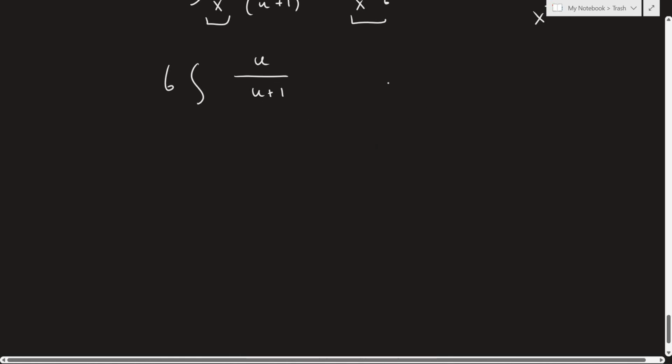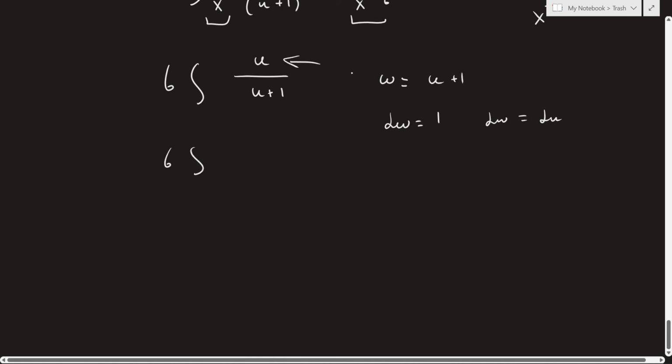Great. We need to simplify this even further because we don't know the integral of u over u plus 1. So what we're going to do is introduce another letter and make this equal to w. So w is u plus 1. Now find the derivative: dw, which is u is 1, 1 is 0. So dw is equal to du. So 6.